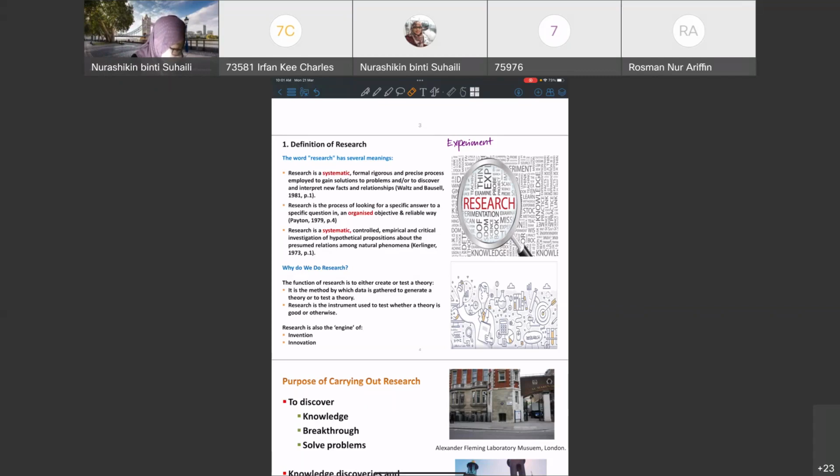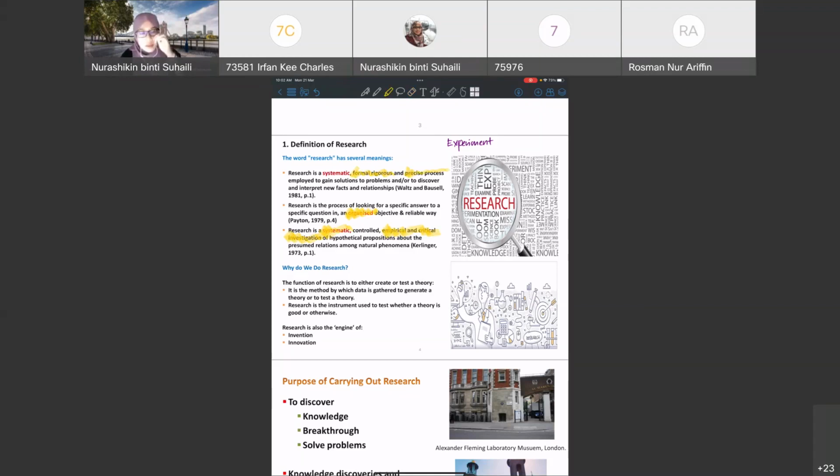Okay, back to here. What is research? Research is a systematic, formal, rigorous, and precise process employed to gain solutions to problems or to discover and interpret new facts and relationships. Okay, I point out important terms: organized, systematic, precise process, formal, rigorous, empirical, critical investigation.